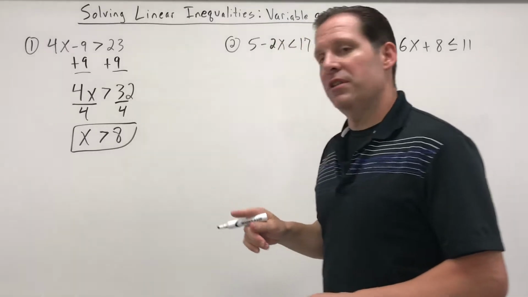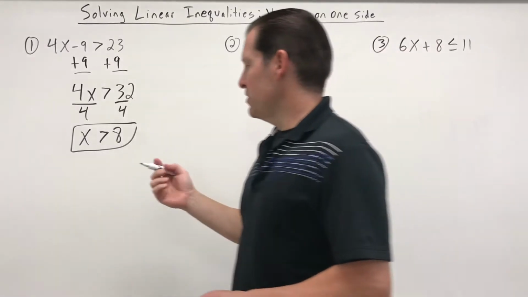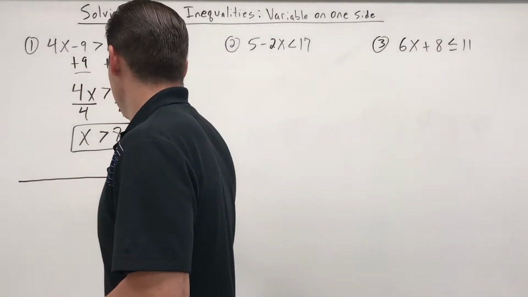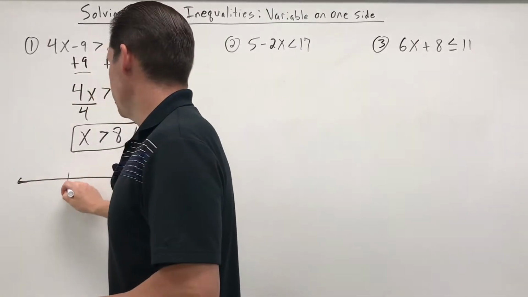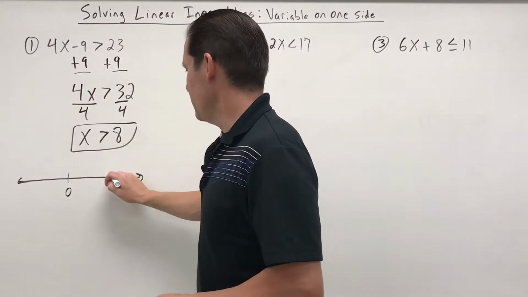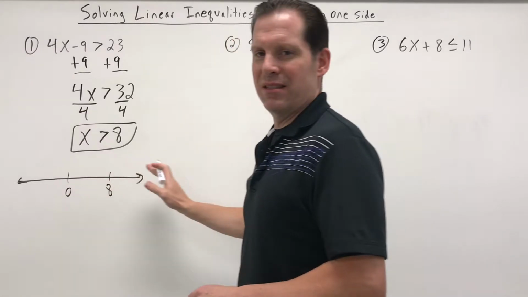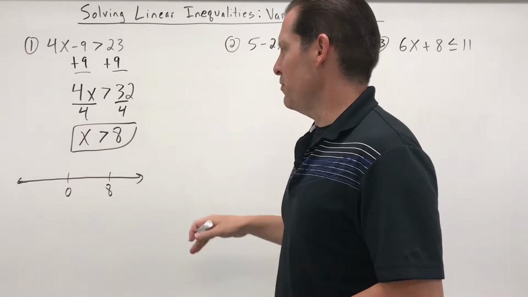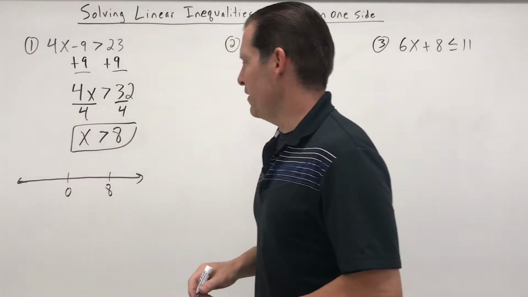Now, what if we want to put this on a number line? So if we're going to put this on a number line, I'll just put 0 here, and then I'll just put 8 over here. I don't have to go ahead and list everything. I just want to show you how you would do that with this inequality with greater than.